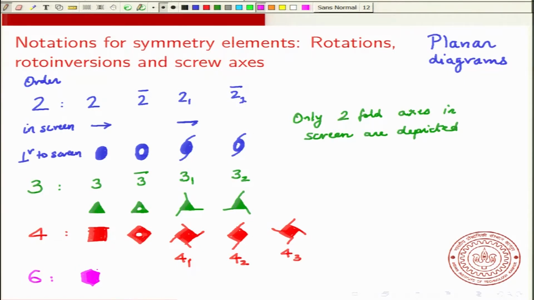All the remaining 6-fold axes will be shown in a very similar manner, and so on. Similarly, you have more of these 4-fold axes. I just wanted to show some of these. You might see structures that are depicted this way. I'm not showing all of them, just a few so that you get a general idea of how rotation axes are represented in the planar figures.